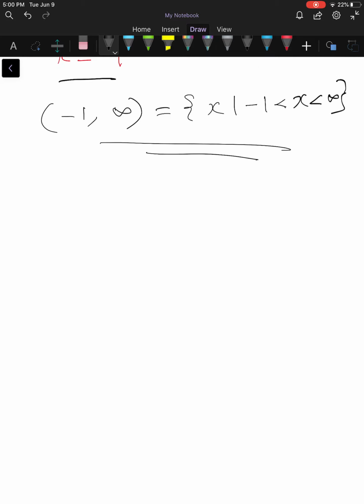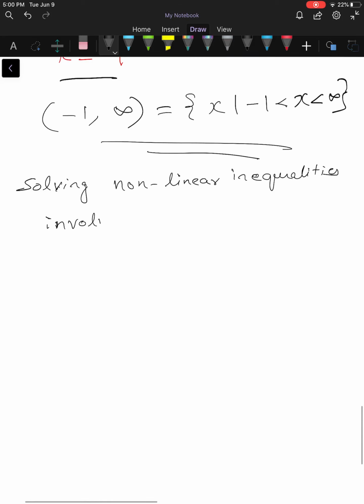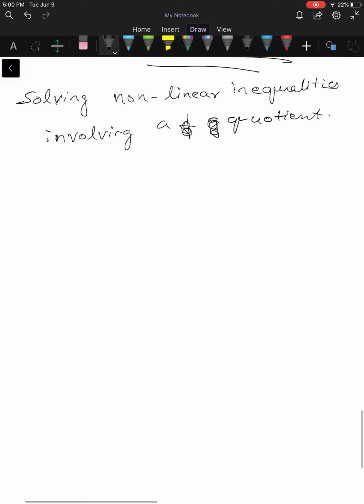Now we will see how to solve inequalities if we have rational expressions. So how to solve them? Solving non-linear inequalities involving a quotient, it can be a fractional expression or a rational expression.